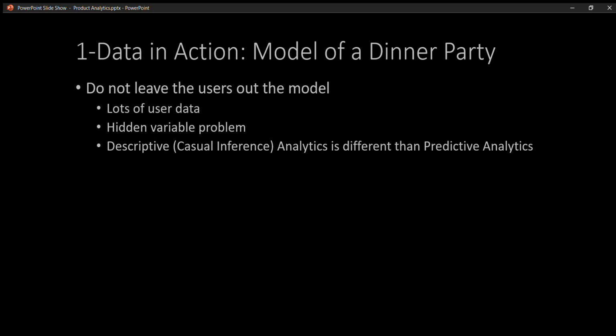That's A/B testing, and that's causal inference. Causal inference is trying to understand the impact of a certain variable on a variable of interest. So that's called descriptive statistics.